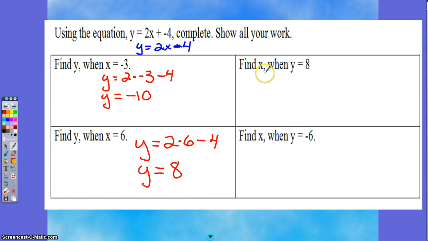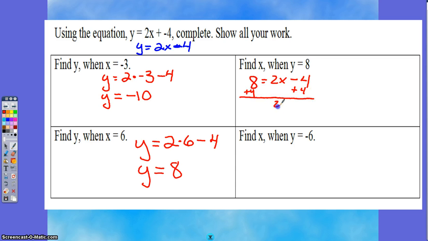Alright, now we need to do the opposite. I'm giving you the y value, you need to find the x value. So y equals 8, so put that in the y slot, equals 2x minus 4. Now I'm going to need to do 2 steps of algebra to get my x variable all alone. I'm going to need to start by adding 4 to both sides.